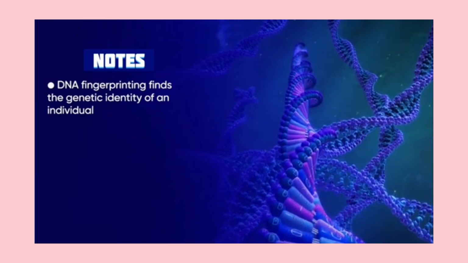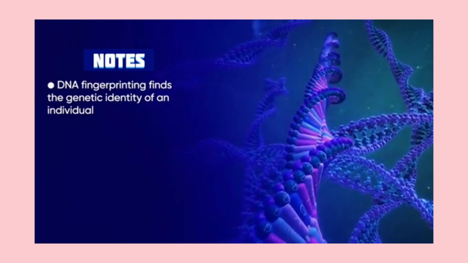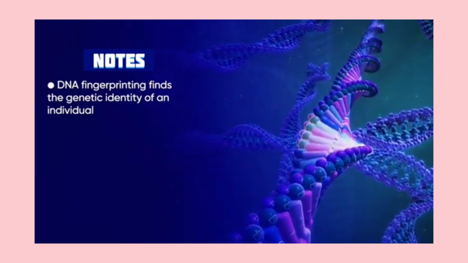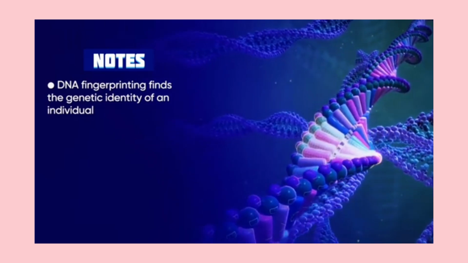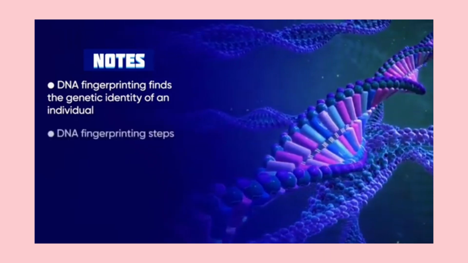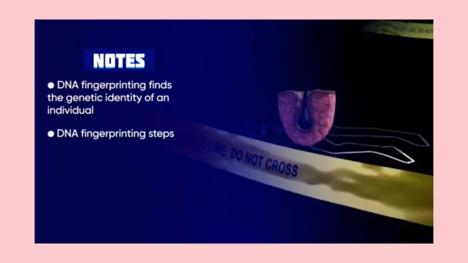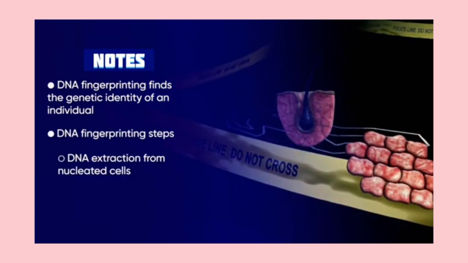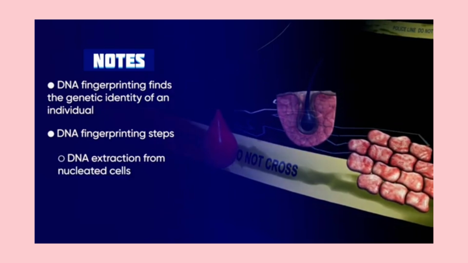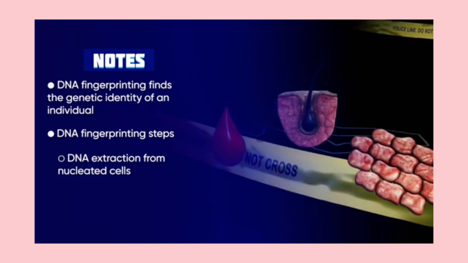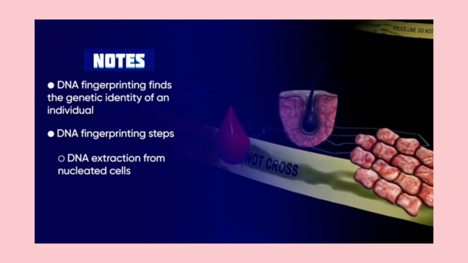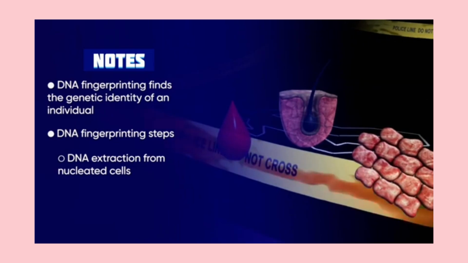DNA fingerprinting is a genetic technique of finding variable DNA sequences to determine the identity of an individual. The steps involved in DNA fingerprinting are: the extraction of DNA from the cells with nucleus like hair follicle, blood, semen or skin flakes.